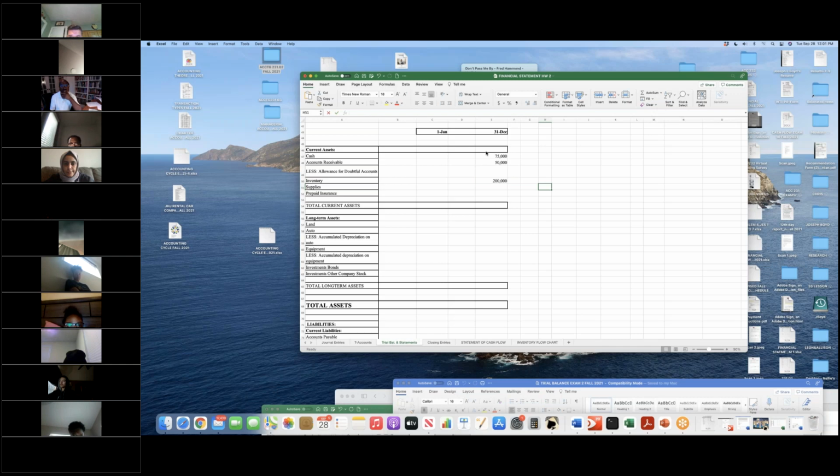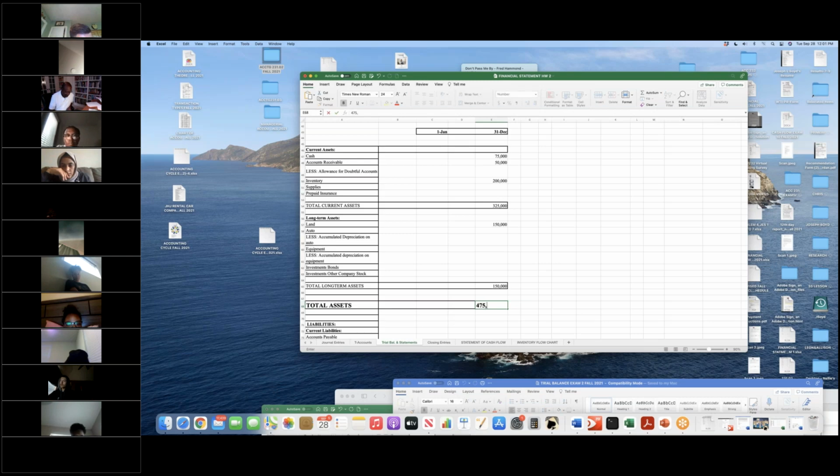And so our total current assets are what? 325, correct? Yes. How much land we got? 150,000. So that's all we got. So our total long-term assets are what? So what are our total assets? 475,000.